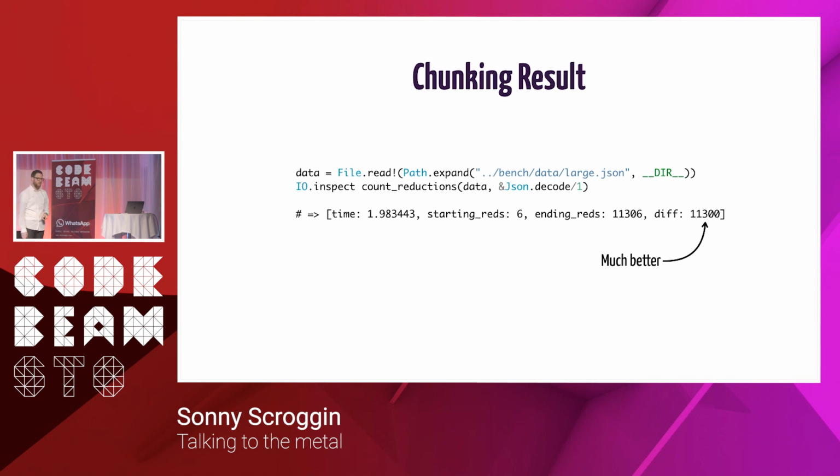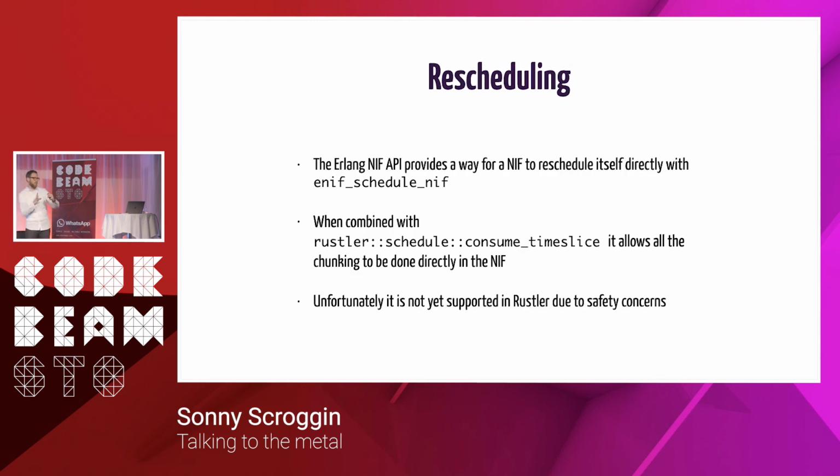All right. So there are also other options for this as well, and one of them is rescheduling. The Erlang NIF API has enif_schedule_nif, where rather than chunking on the Erlang code side of things, you can actually have the NIF itself internally chunk itself. Now, currently, Rustler does not provide an API for this, and the only reason why is because the NIF API has some challenging rules that could make it possible to do bad things, and we don't currently have a way to protect people from doing things incorrectly at compile time.